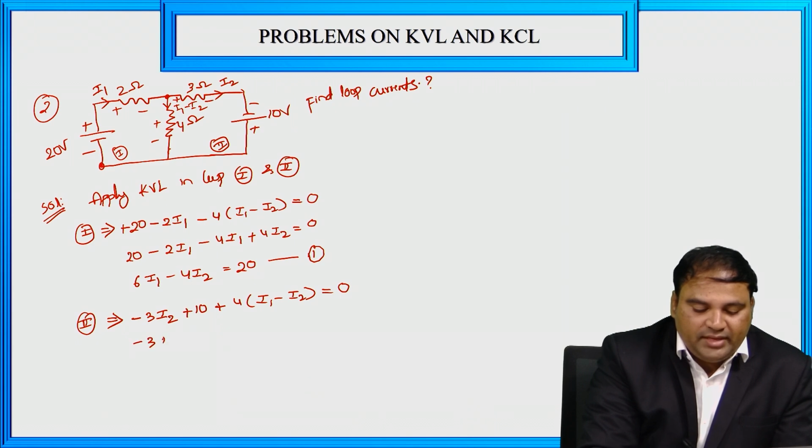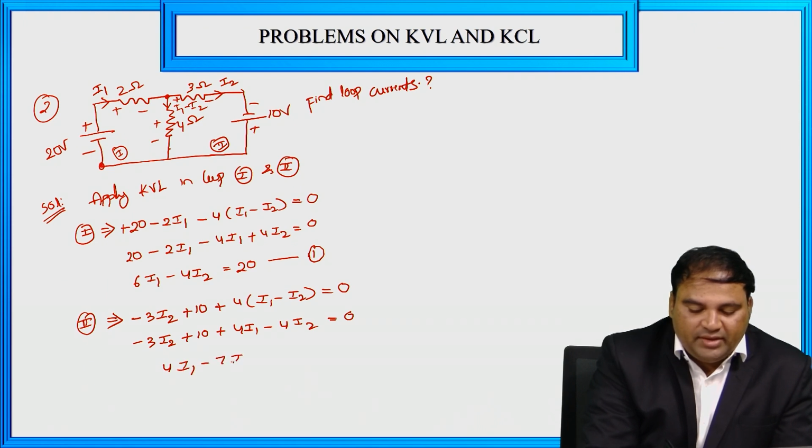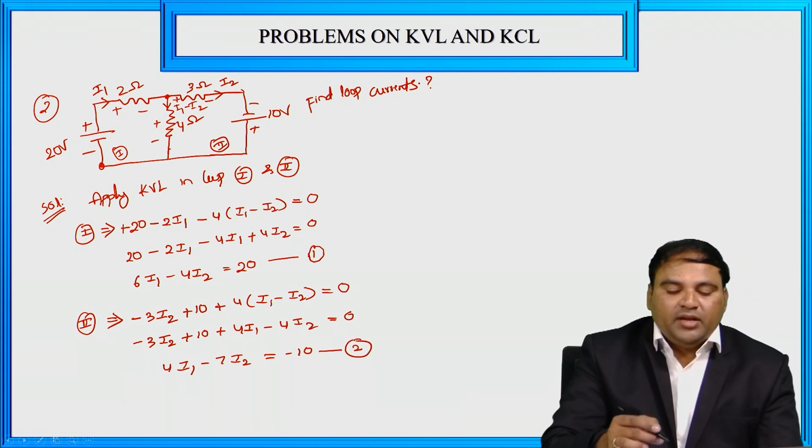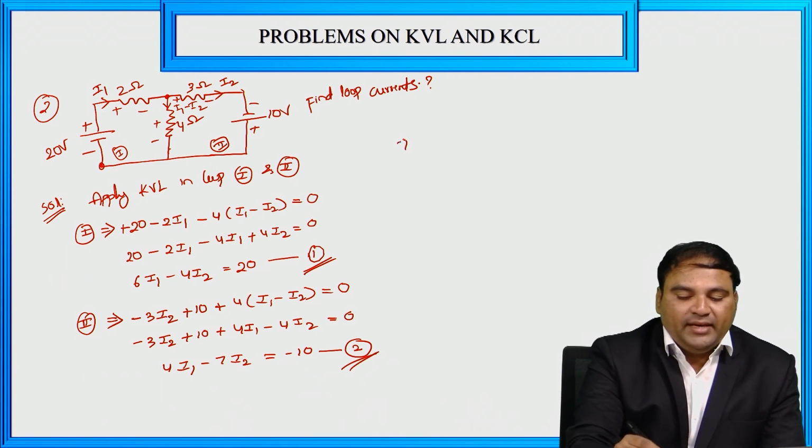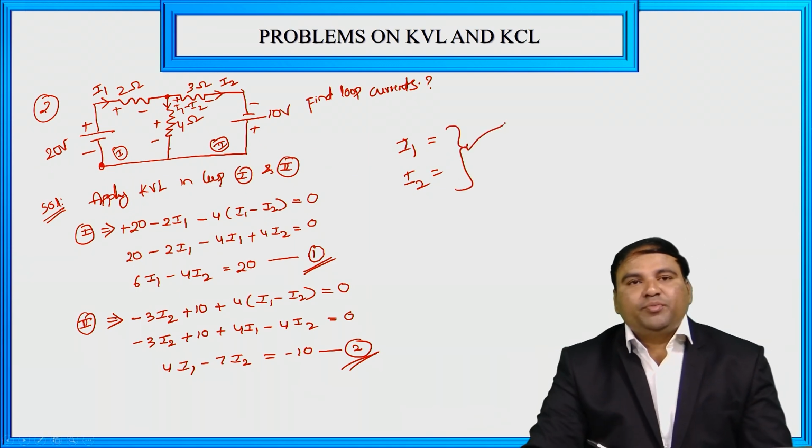So minus 3I2 plus 10 plus 4I1 minus 4I2 equal to 0. So 4I1 minus 7I2 equal to minus 10. Let us take this as equation number 2. Now by solving equation 1 and equation 2, we will get the loop currents I1 and I2.